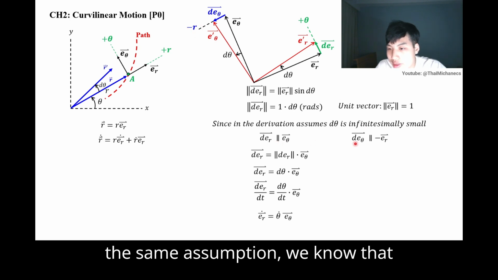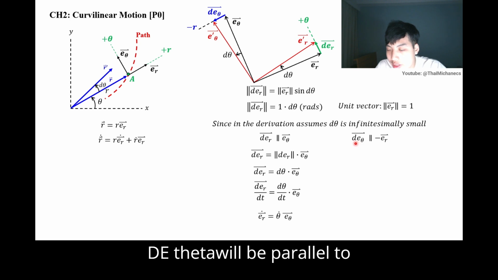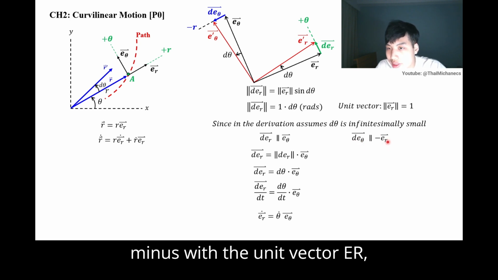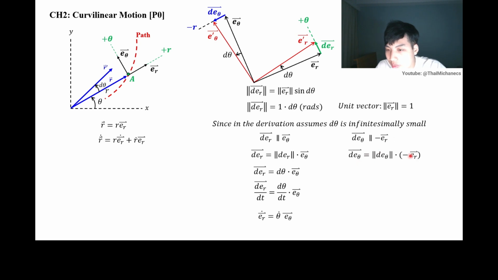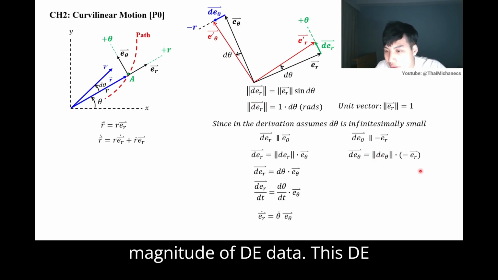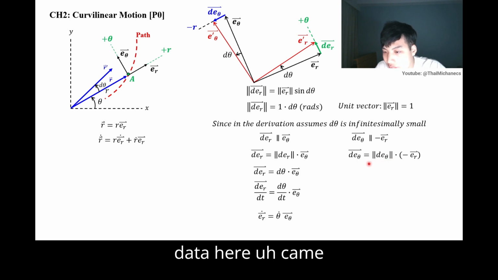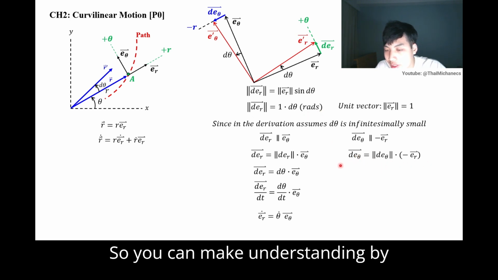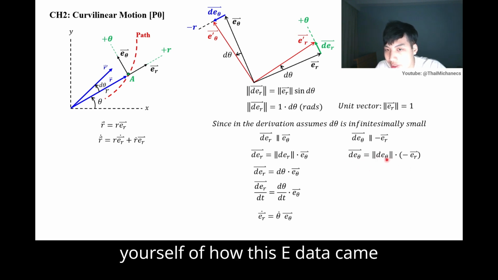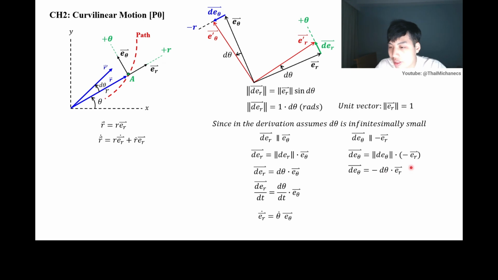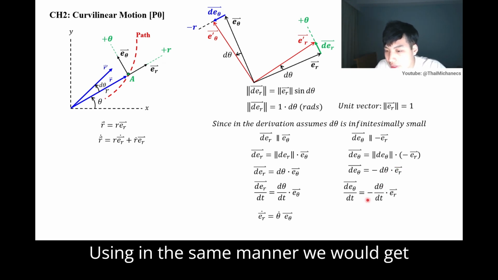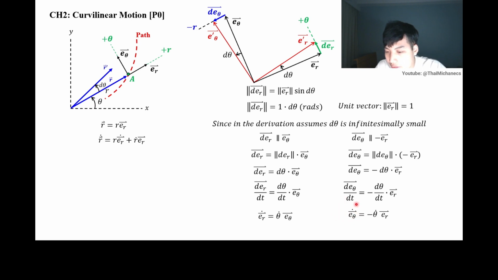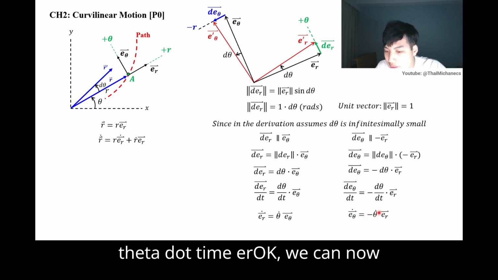With the same assumption, d e theta will be parallel to minus the unit vector er, with the magnitude of d e theta coming in a similar manner to this line, so you can work out by yourself how this came about. Using the same manner, we get the derivative of e theta with respect to time equal to minus theta dot times er.